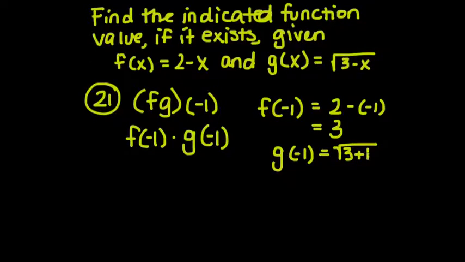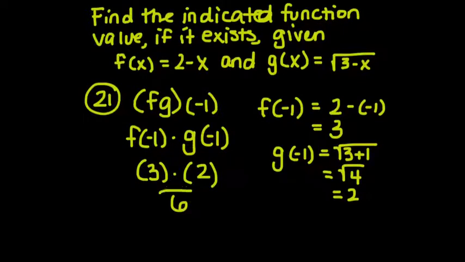That's just 3 plus 1, which is the square root of 4, which is 2. So since f of negative 1 is equal to 3, and g of negative 1 is equal to 2, I can substitute those values back into my original functions that I'm trying to find, which gives me 3 times 2, which is 6.